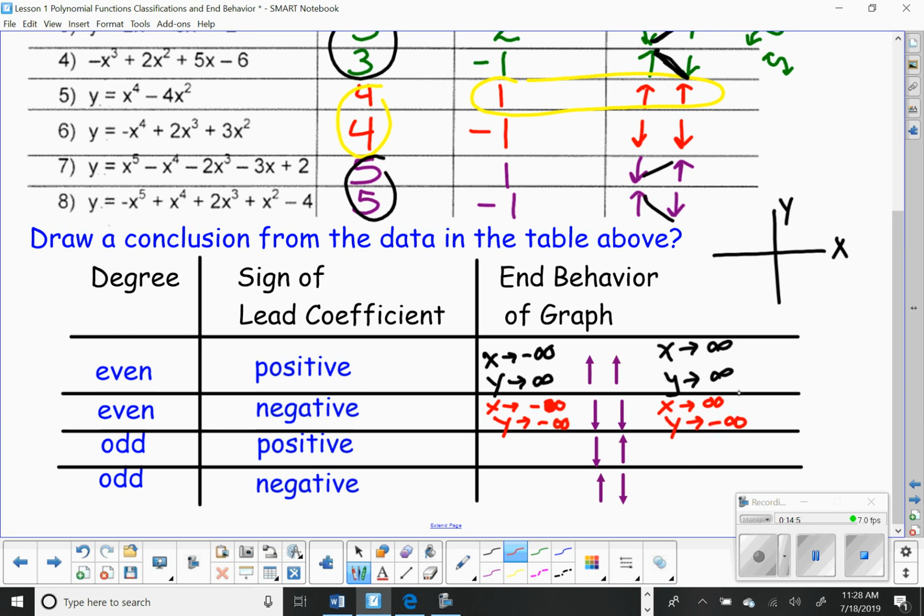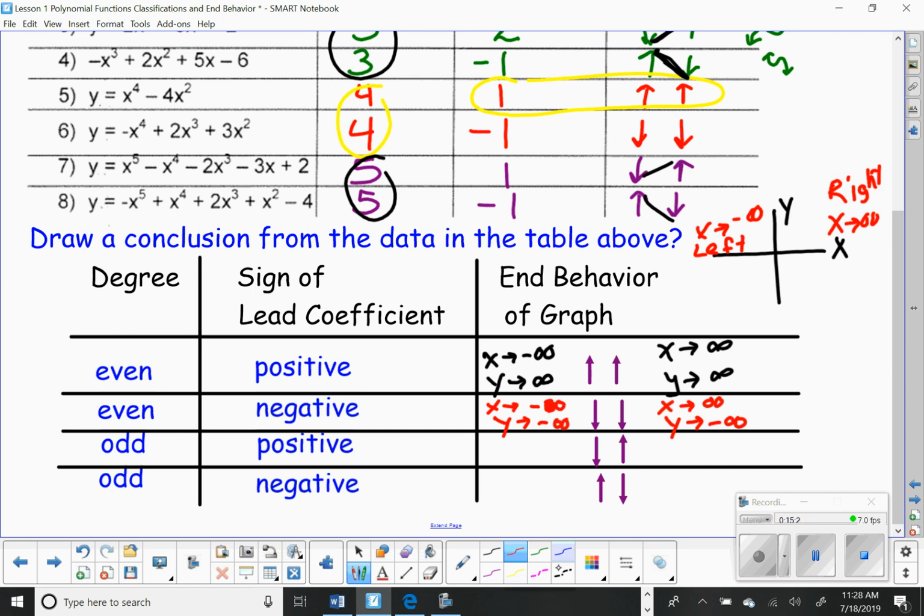Again, on the right-hand side, x approaches positive infinity, that means the right side of the graph. X approaches negative infinity, says you're on the left side. Y is positive, you're going up. Y is negative infinity, you're going down.